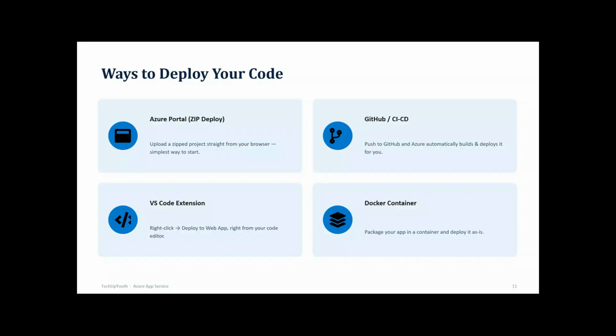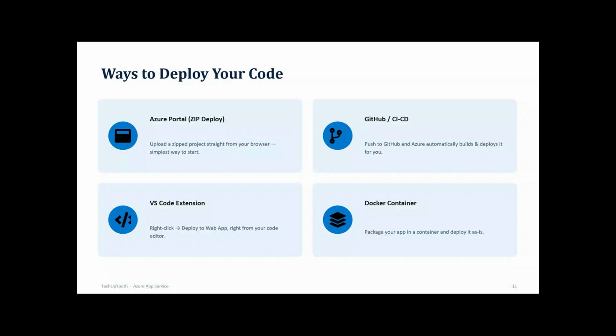The second way your code can be deployed is through the Visual Studio Code extension, where you actually right click and deploy a web app right from your code editor. Then the third way to deploy your code is through GitHub or CI/CD, where you push your code to GitHub and Azure automatically builds and deploys it for you. Then the last way is through a Docker container, where you package your application in a container and you deploy it as easy as it can be.